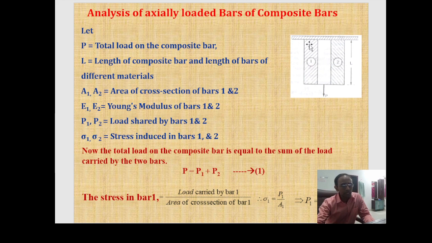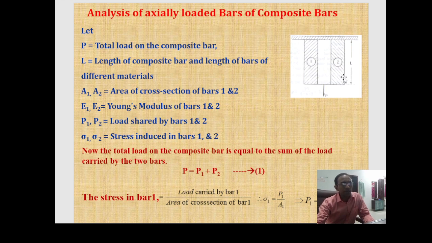Now let us look at the details of this composite section. P is the load acting on the composite section, L is the length of the composite member, and the areas 1 and 2 are different. The Young's modulus is different because they are made of different materials.